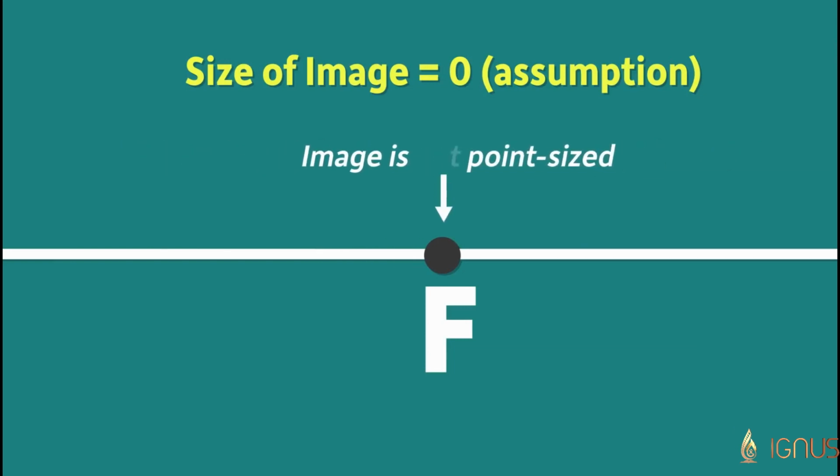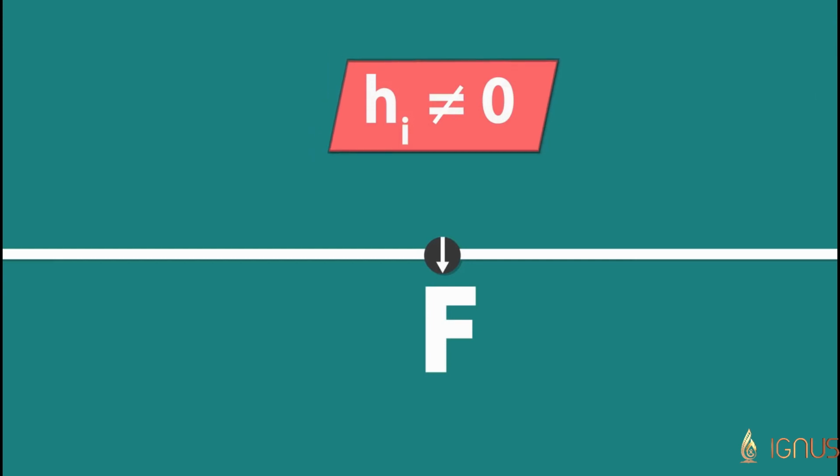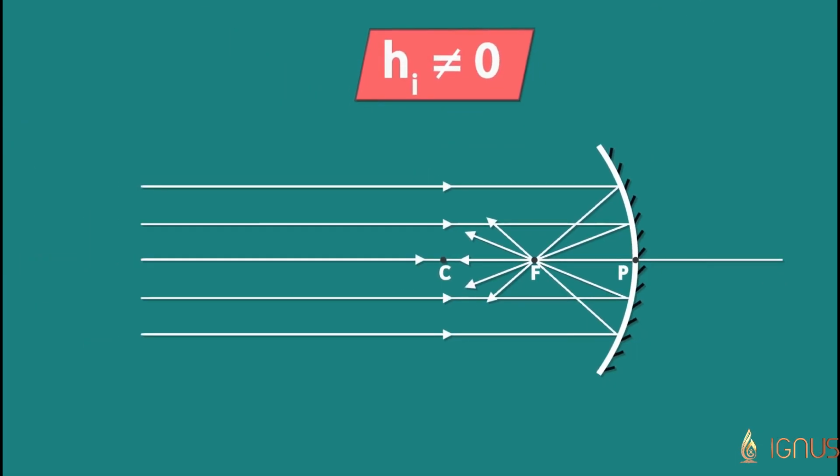But in reality, this is not a point-sized image because we cannot define infinity. The image, however small it is, has some dimensions. So in reality hi cannot be 0, it can be a really small number, for example 0.5, but never 0. We can apply the same logic for object size, therefore hi and h0 cannot be 0.